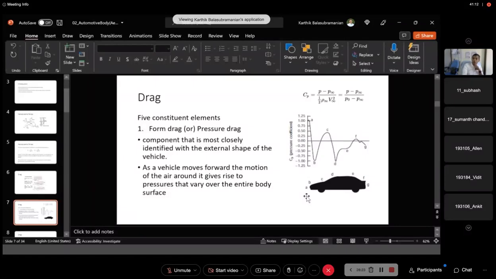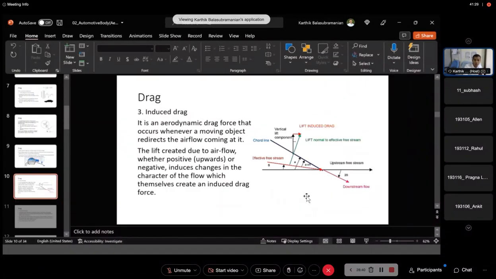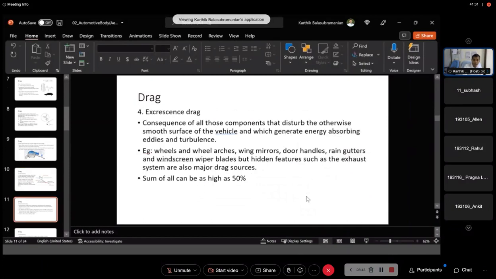So usually there are 5 constituent elements of drag. The first one is called form drag or pressure drag. Then you have skin friction drag, induced drag, excrescence drag, and internal drag.